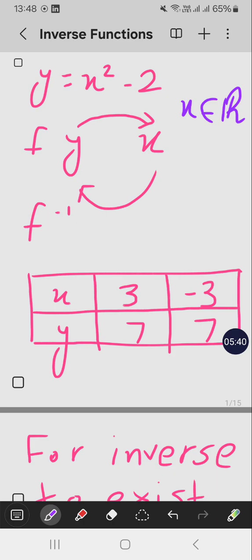The basic purpose of an inverse function is to reverse what you have done in your original function. So if you generated 7 from the original function, we must be able to generate the input which gave us 7, but we are unable to do that because there were 2 inputs which generated 7.